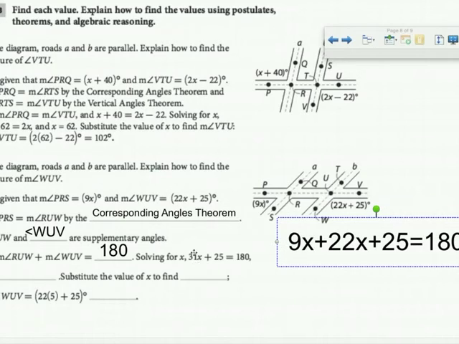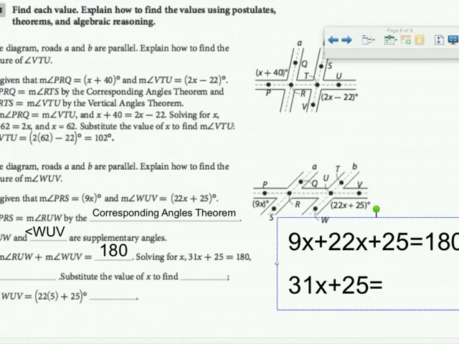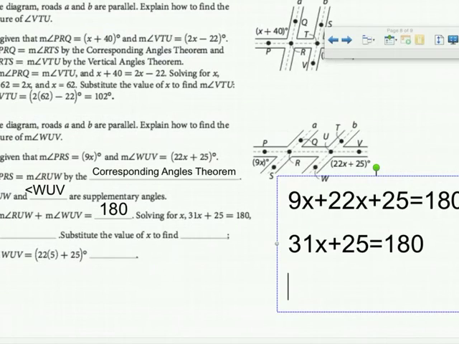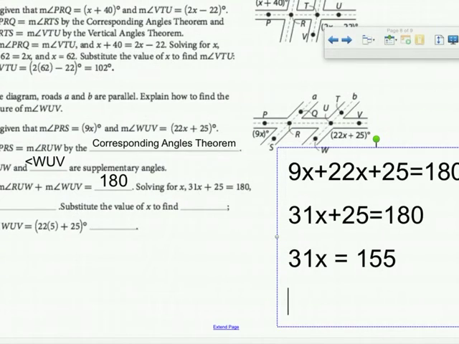And so this 31x that you see comes from combining these like terms. From here, this is just an equation you know how to solve. 31x plus 25 equals 180. When I subtract 25 from both sides, I have 31x equals 155, and dividing both sides by 31, x will equal 5.